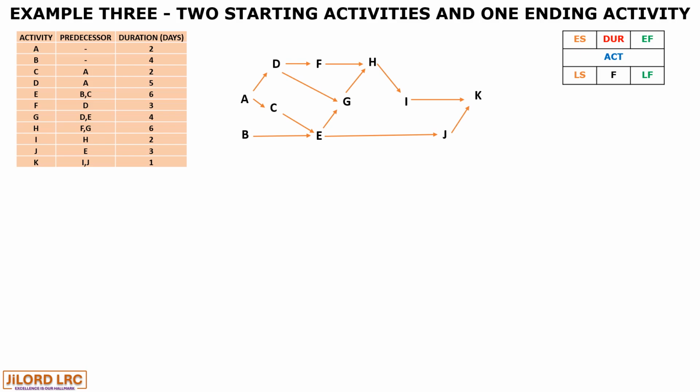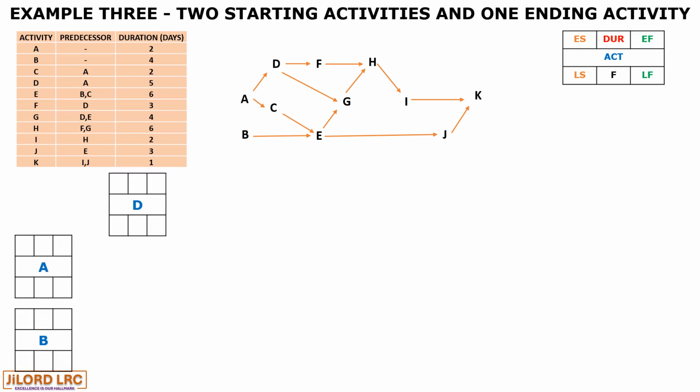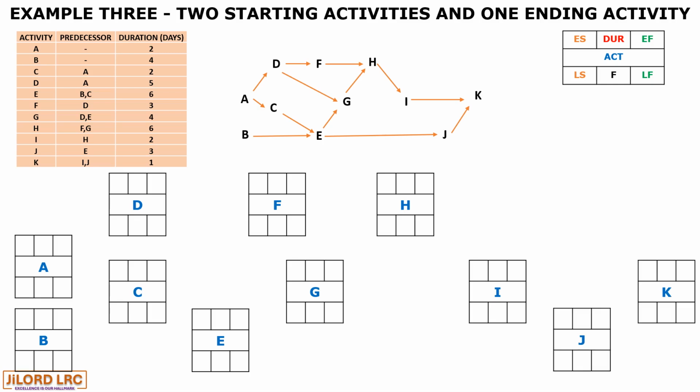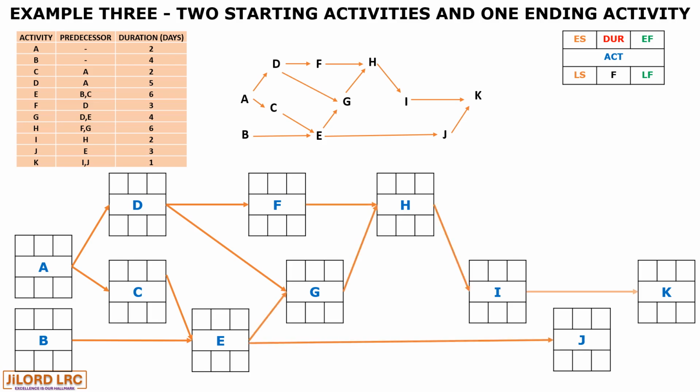So let's arrange our activities in the sketch we see above. So we have this. We have the linkages connected to it as such. Now let's introduce the durations for each activity.